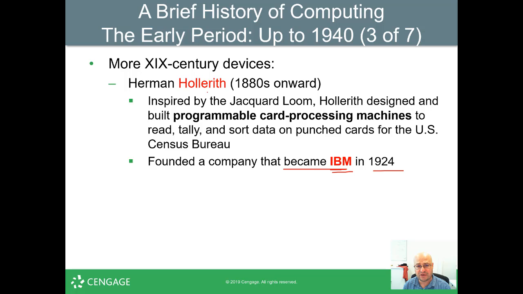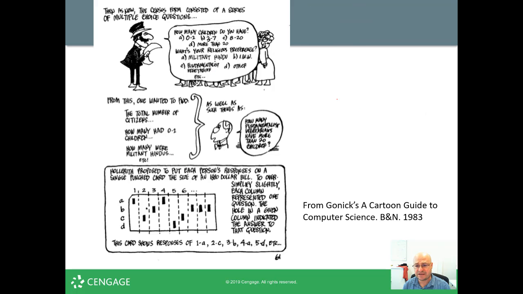It was founded by Hermann Hollerith, and it was basically founded to do the U.S. Census. These programmable card processing machines were for counting people, sorting data, and also answering questions.